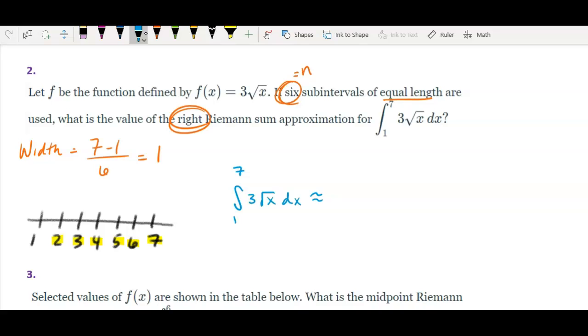So this will be approximate. If my width is 1 and I have to multiply by 1, nothing's going to change. So I'm just going to be writing my heights out. So I need to find f of 2 plus f of 3 plus f of 4.